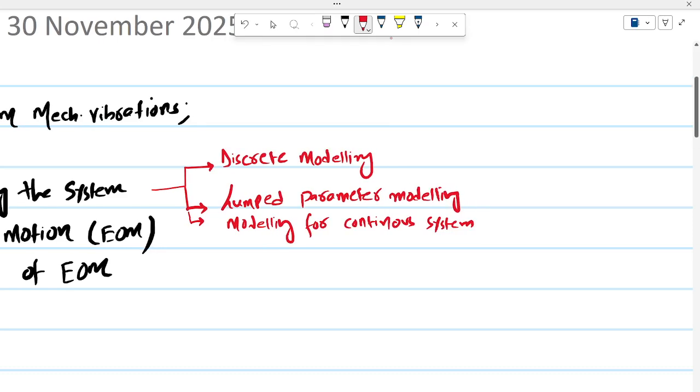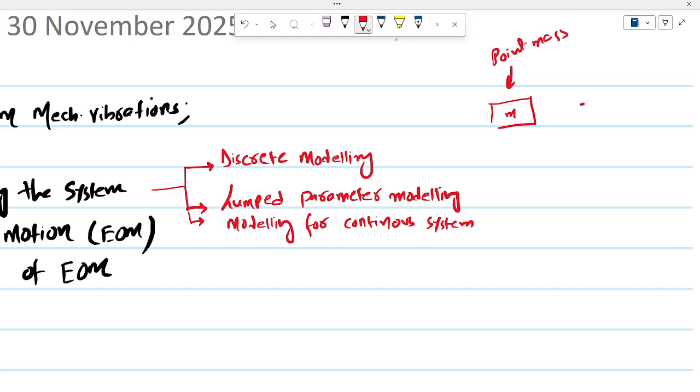In discrete modeling, as in the example of a car, we represent the whole car as a single point mass. What does it mean by point mass? We are not dealing with the dimensions, how thick it is, what the height is, and so on. We are assuming that the whole mass of the body, whether a car, aeroplane or train, is concentrated in a dimensionless block.